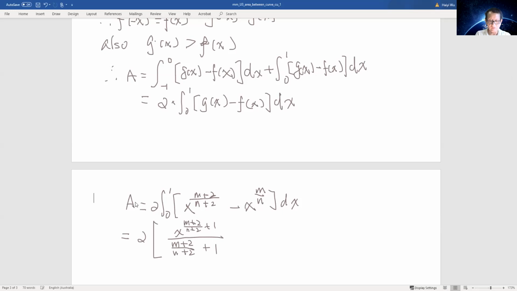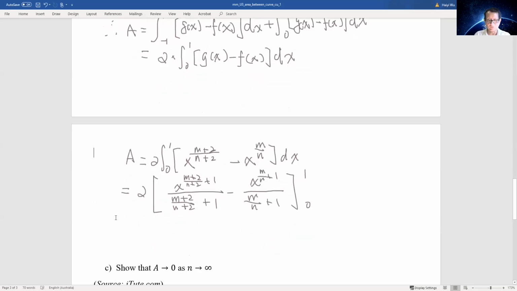So that's the index integration of an exponential function. Same as the second one, x to the power of m plus 1 over m plus 1, from 0 to 1.